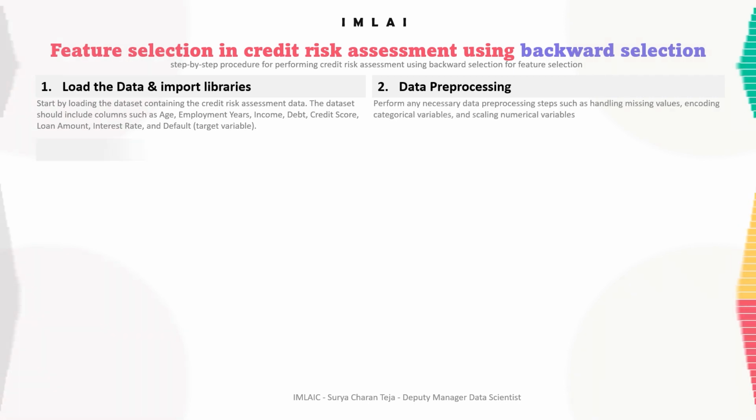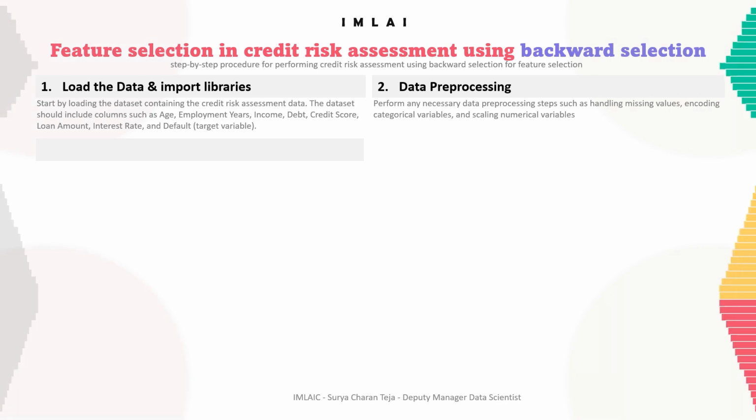Next, let's move on to the third step, which is to split the data. Split the data set into features, which are the independent variables, and the target variable, its default status.